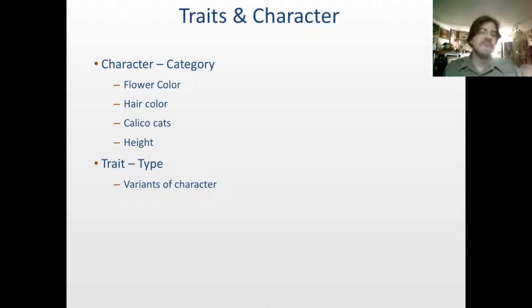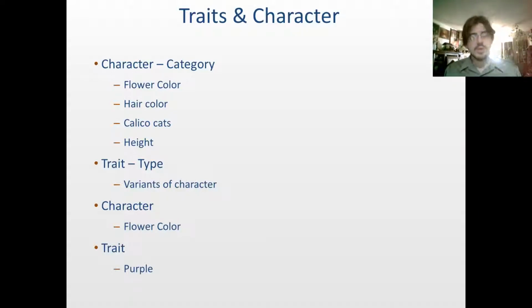They're variants of that character. So when we have the character flower color, there might be 2 separate traits you see, purple or white. Both are traits of the character flower color.